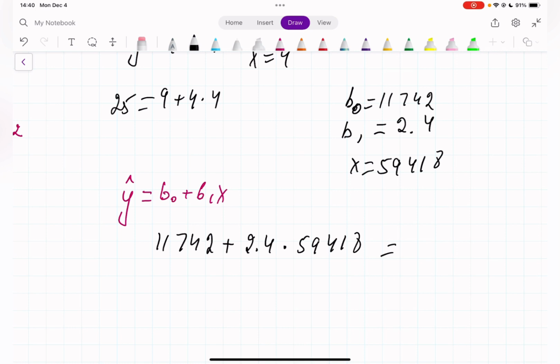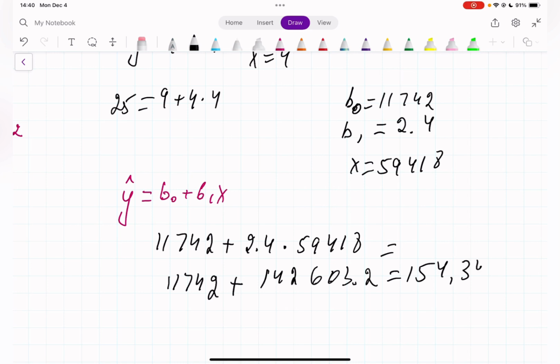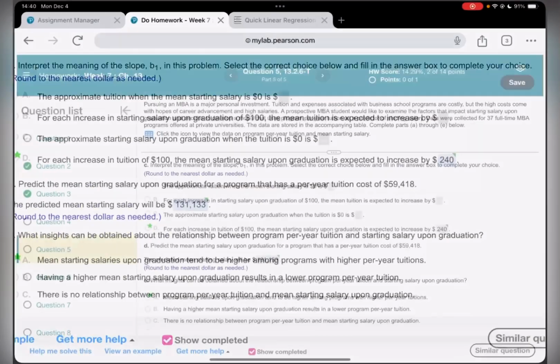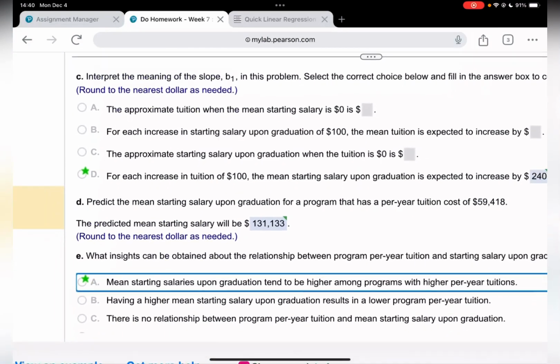I'm getting 142,603.2 plus 11,742, and I'm getting 154,345.2. Let's go back. 154,345.2.